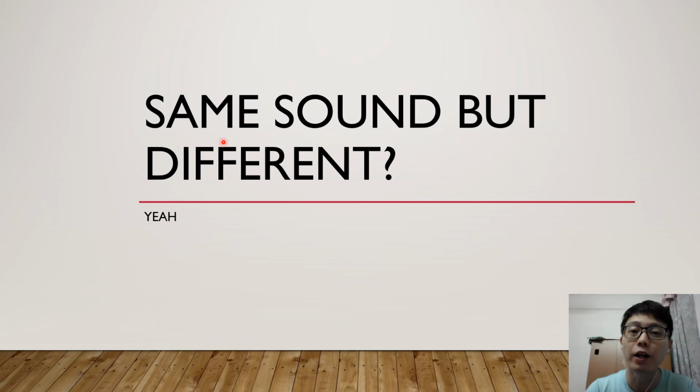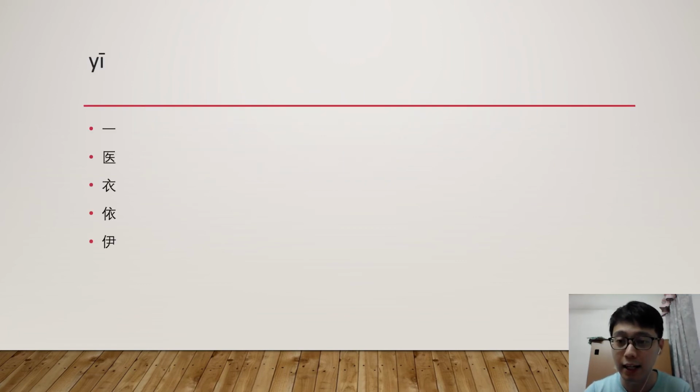So a quite special thing in the Chinese language is the same sound but different words. If all of us know that the Chinese characters look like block letters, right? So for example, this one, this is 汉语拼音, this is E, right?